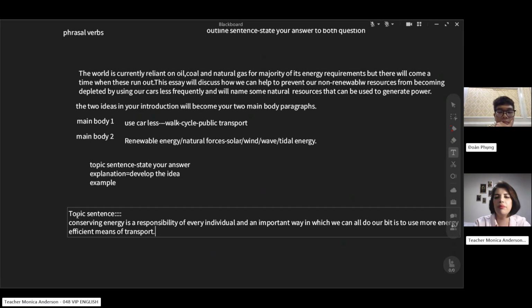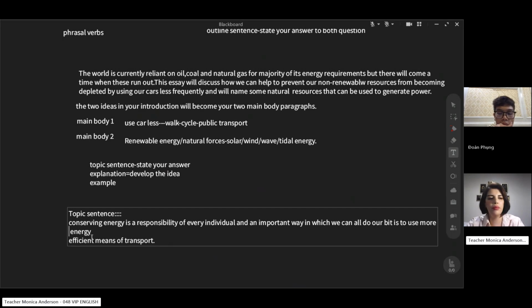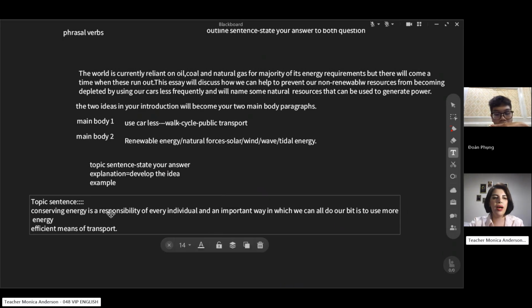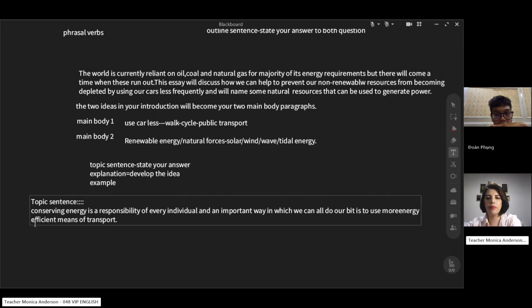Yes, this one. Okay, that's it. Energy efficient transport. Well, this is my topic sentence. Is it clear?